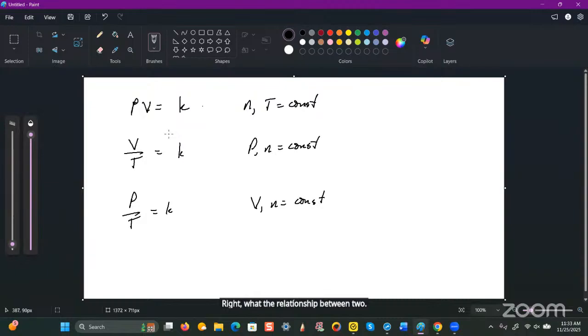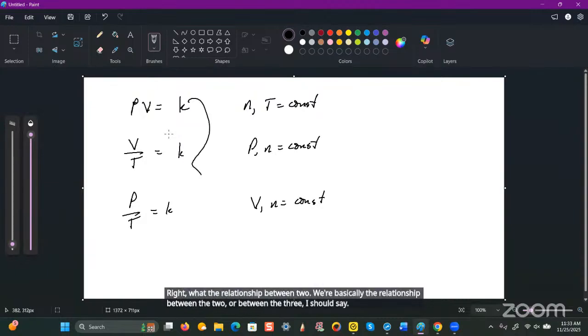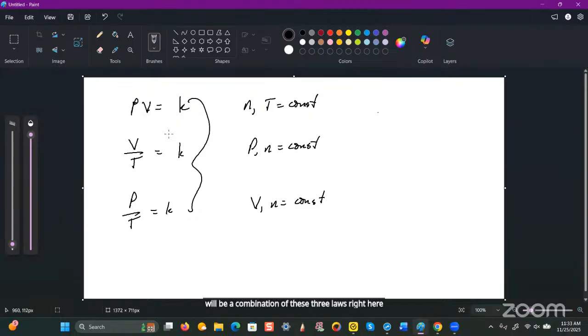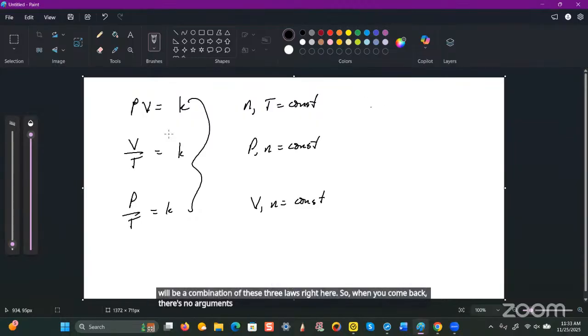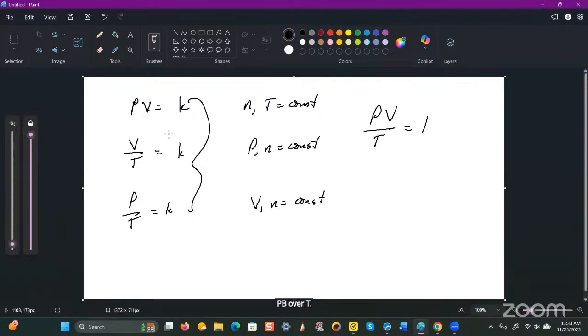Well, basically the relationship between the 3, I should say, would be a combination of these 3 laws right here. So when you combine those laws, you're going to end up with PV over T is equal to a constant if the amount of gas is constant, right? Another way of expressing this is P1 V1 over T1 is equal to P2 V2 over T2.